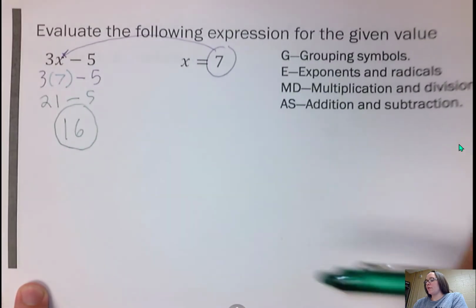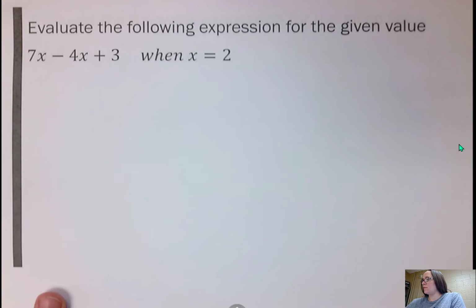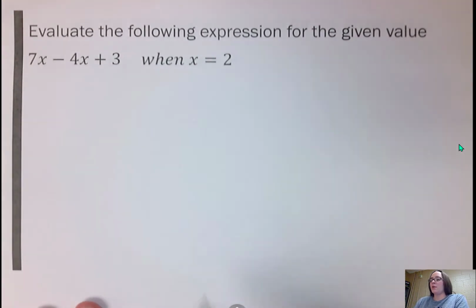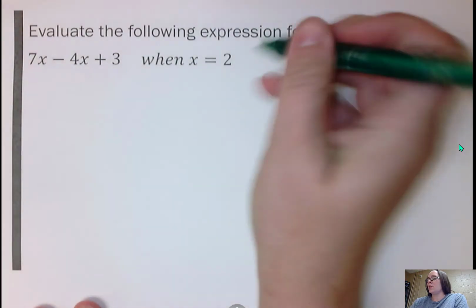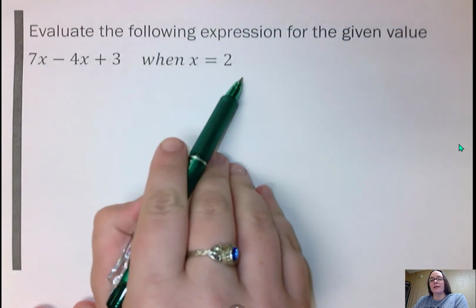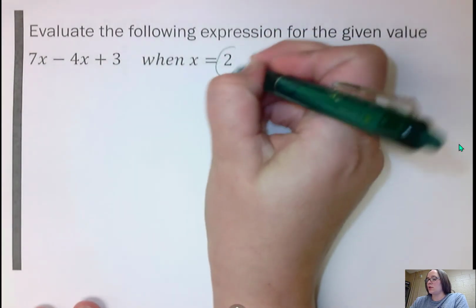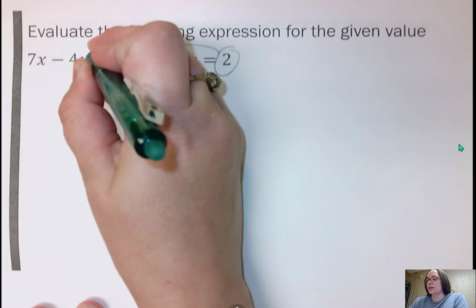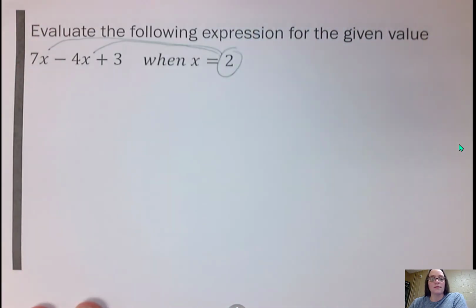Today we're going to focus on expressions with just one variable. Now notice in this problem I have 2 x's. So whatever my x is goes in for both of those. So this 7 is going to replace the x there and replace the x there.